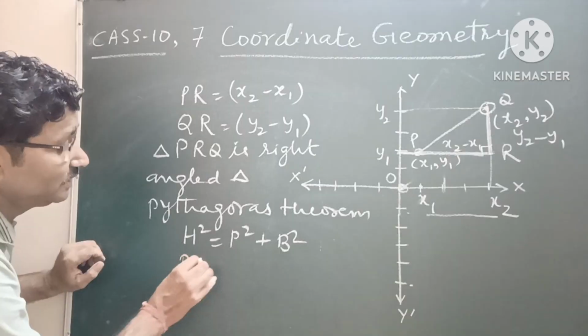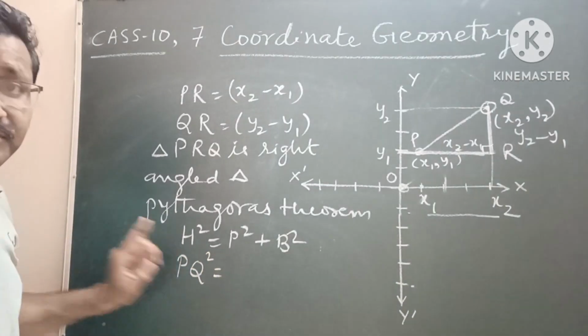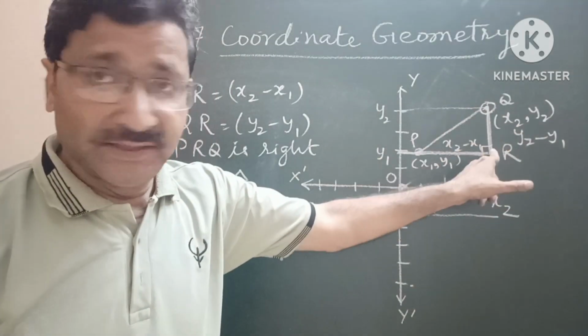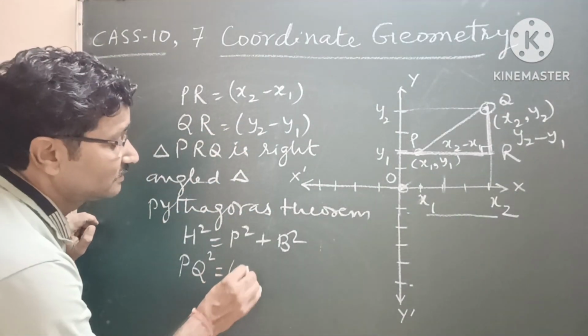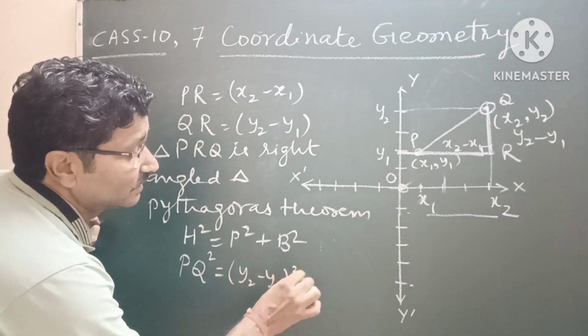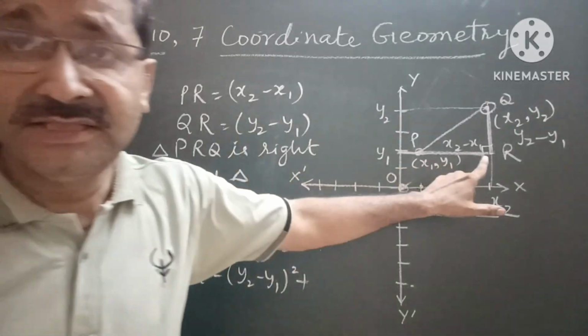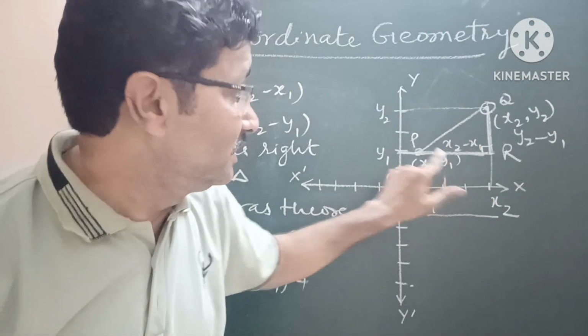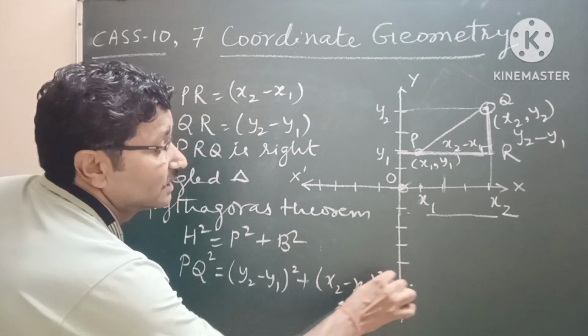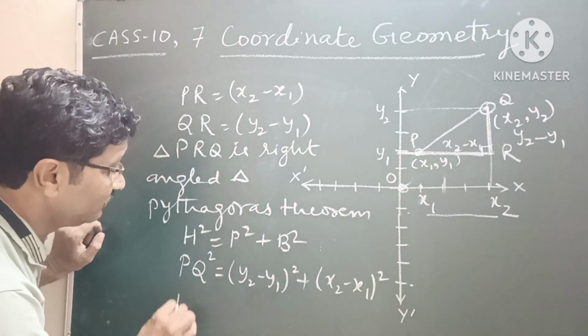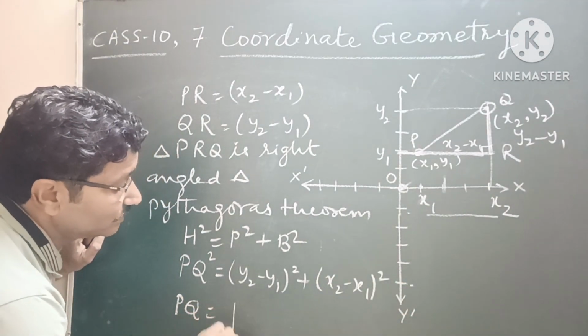So you can write PQ square equals, perpendicular is QR, and QR is y2 minus y1 whole square, and base is PR, so PR is x2 minus x1 whole square. So look here, PQ equals the root of this.